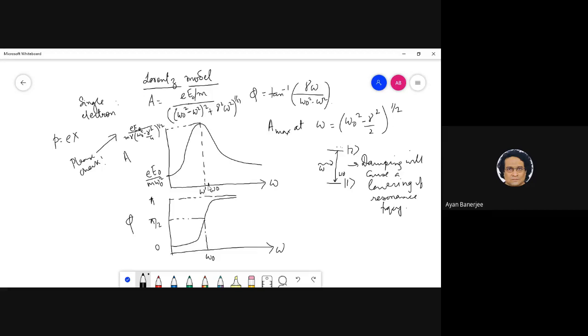If you go by the maximum of the amplitude, however, there is a problem: there will be a shift, because there is dissipation or loss. Dissipation affects the amplitude response, shifting the resonance frequency. This is very important to note.